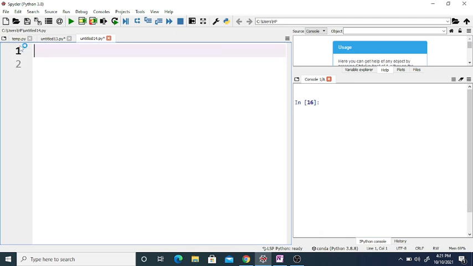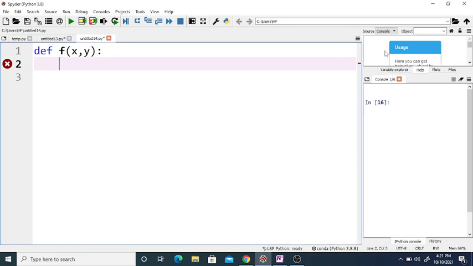First of all, we want to define a function f of x y is equal to x plus y. So we want to return x plus y.